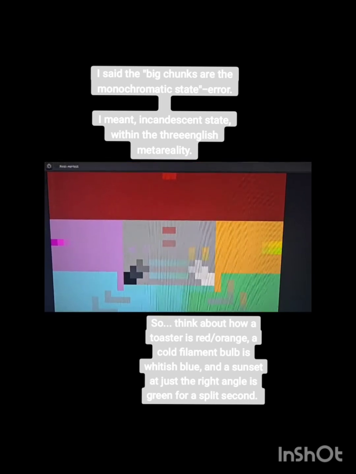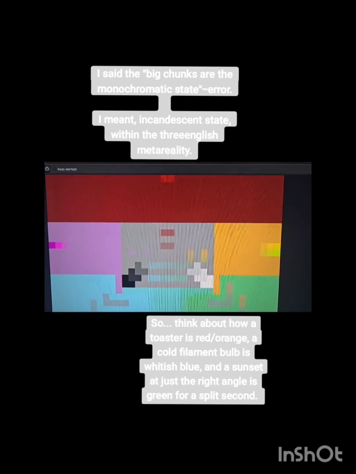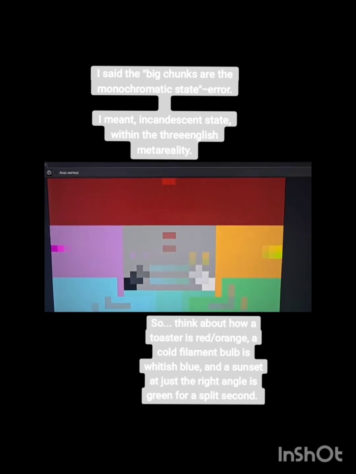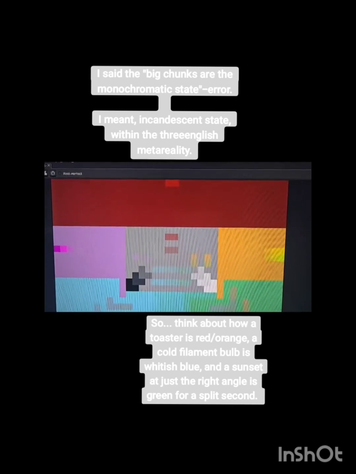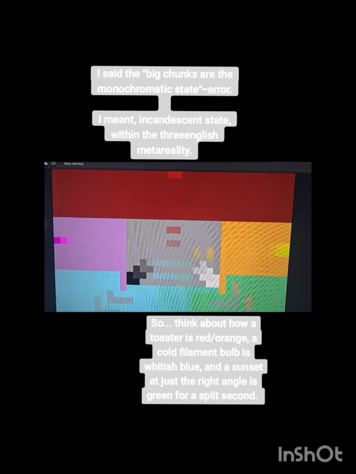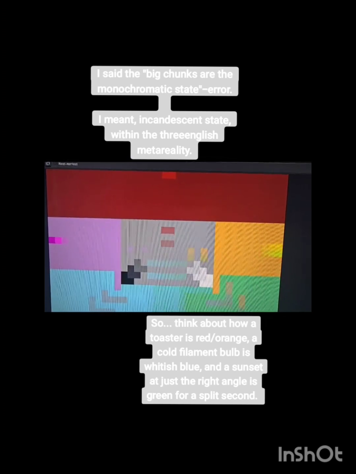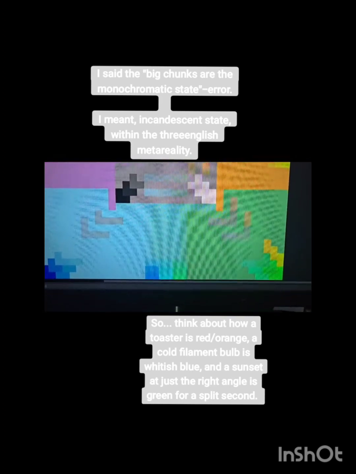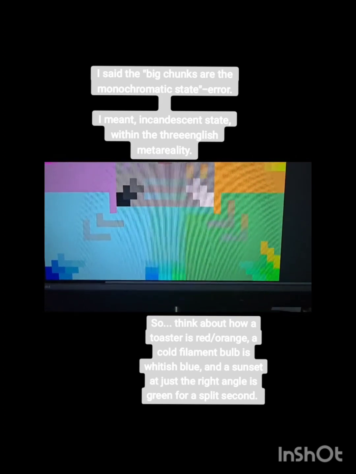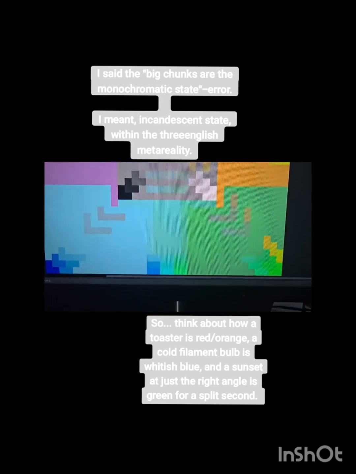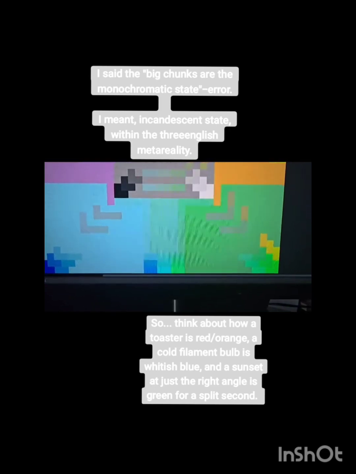Not all computer monitors are color graded the same way, but hopefully by using a camera to capture it and then encode it in a format that captures it the way it leaves the monitor, it will be recorded how my monitor was color graded, and so you'll see these colors the way they were meant to be seen by me, the designer of Threeeinglish.